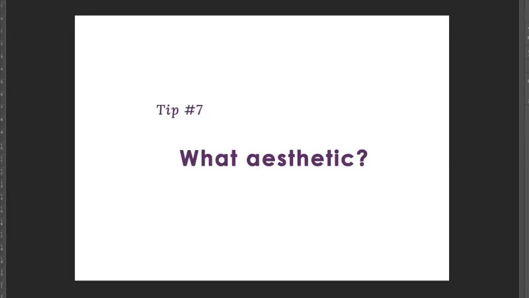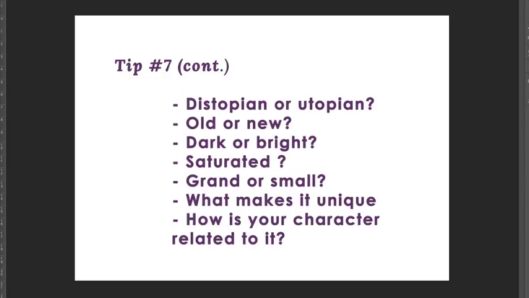Also, when you're developing your setting, you can think about these points when you develop the aesthetic of the world. So is your world dystopian or utopian? Dystopian is all in ruin, while utopian is thriving. Is it old or new?